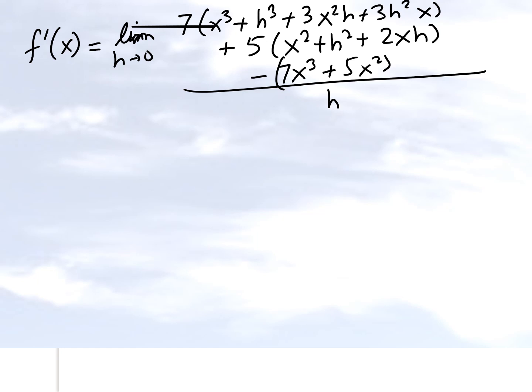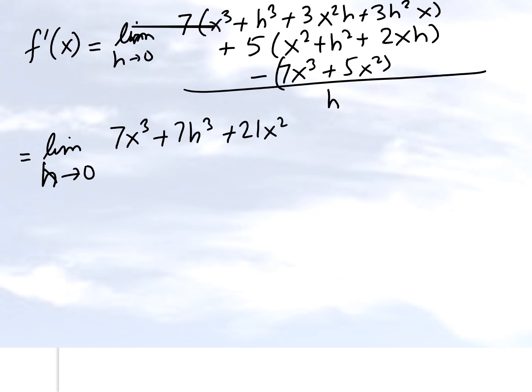So having said that, this will be the limit as h approaches 0. And let's see what we get in the numerator. We get 7x cubed plus 7h cubed and so on and so forth, which I'm writing here.